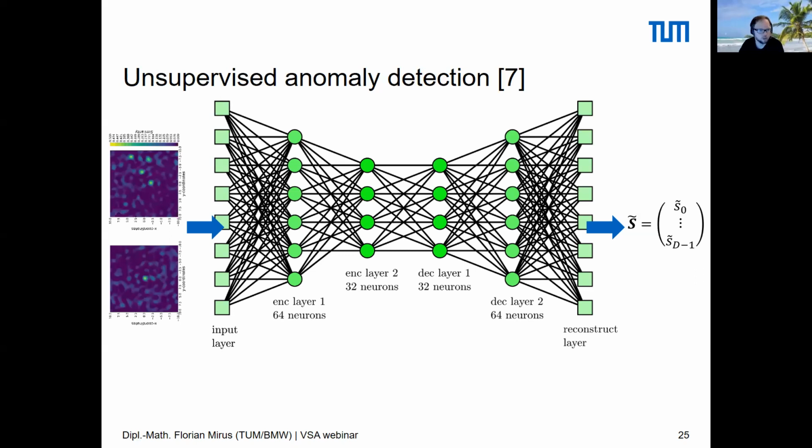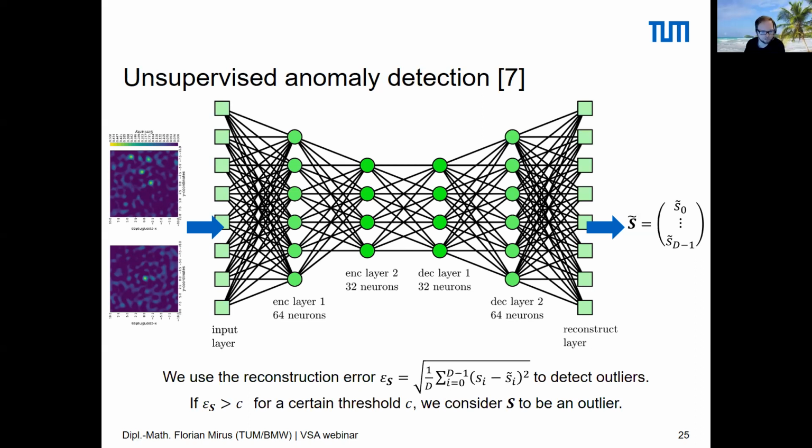So I'm simply using the representation as input for a simple autoencoder network to generate reconstructions of the input vector, and then looking at the reconstruction error. If that reconstruction error exceeds a certain threshold, then we consider those vectors to be outliers.